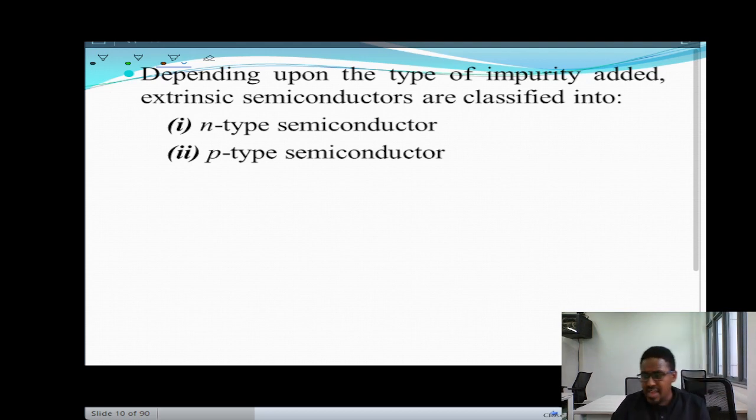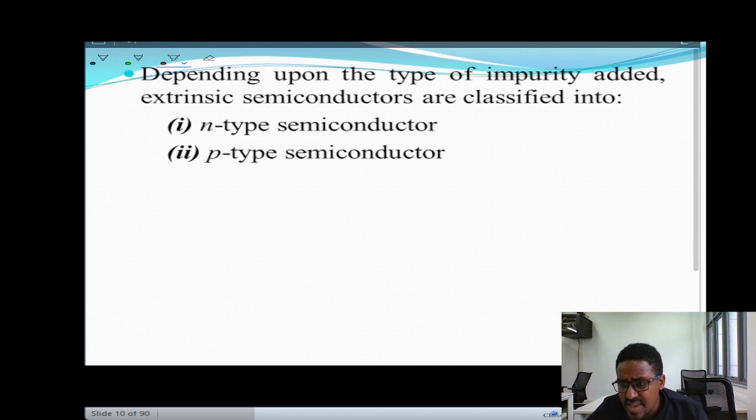What does N-type semiconductor mean? A small amount of pentavalent impurity material is added to pure semiconductor material. The result is an N-type extrinsic semiconductor. It has 5 valence electrons. Let's say for example, arsenic added to pure germanium semiconductor.